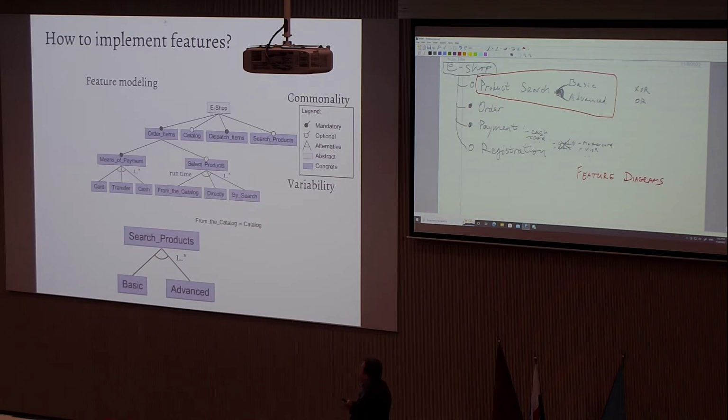So I let myself be driven by commonality and variability, and then I think of how to implement features. When you look at these search products, some things might become quite obvious. And when you decide on a particular one, you know that you are limited to object-oriented technology. So some things become quite easily decidable.